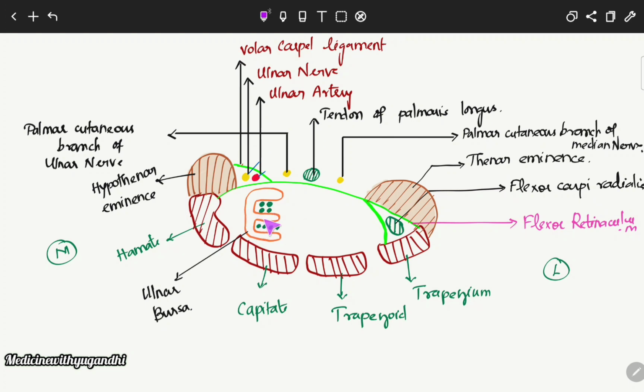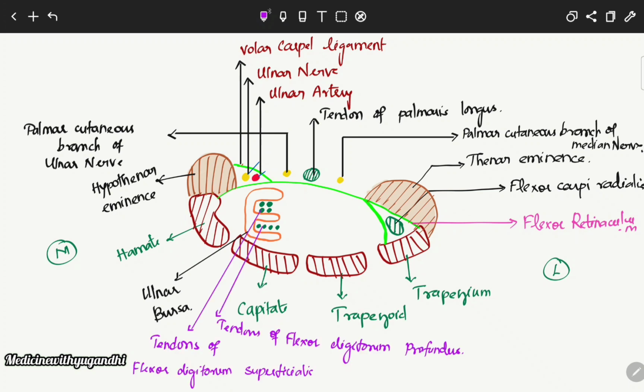The tendons lying in the upper portion of the ulnar bursa are the tendons of the flexor digitorum superficialis, and those lying in the lower portion are the tendons of flexor digitorum profundus. Then here you could see the median nerve.